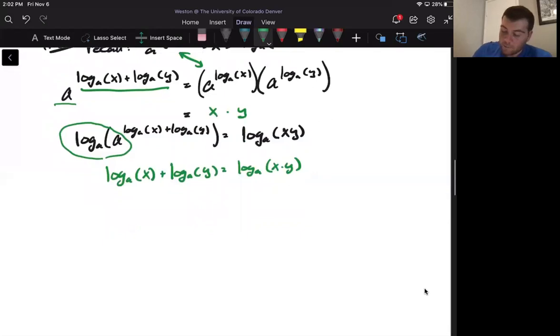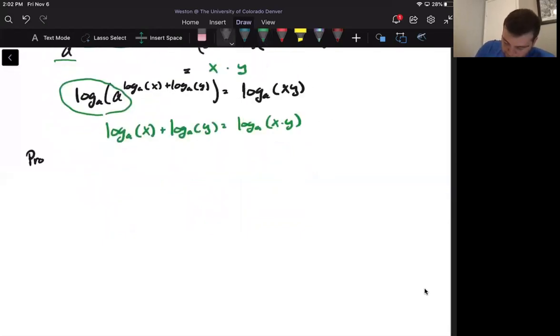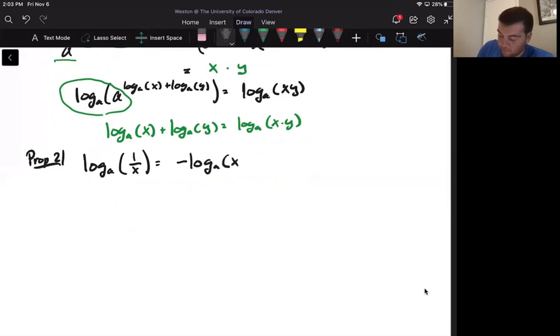Now our second one, or property 2, is that log a of 1 over x equals negative log a of x. This one is a bit simpler.